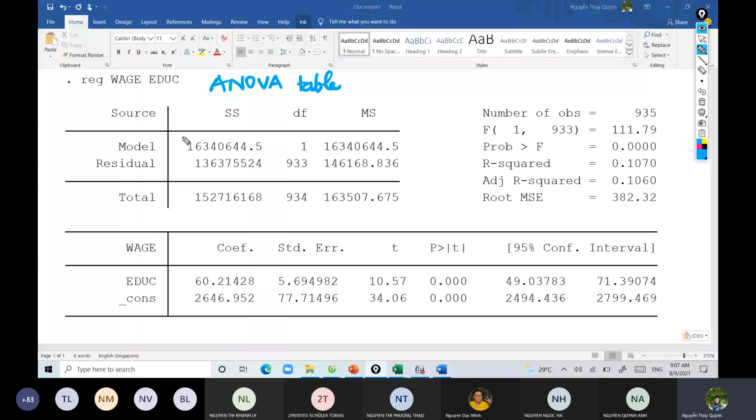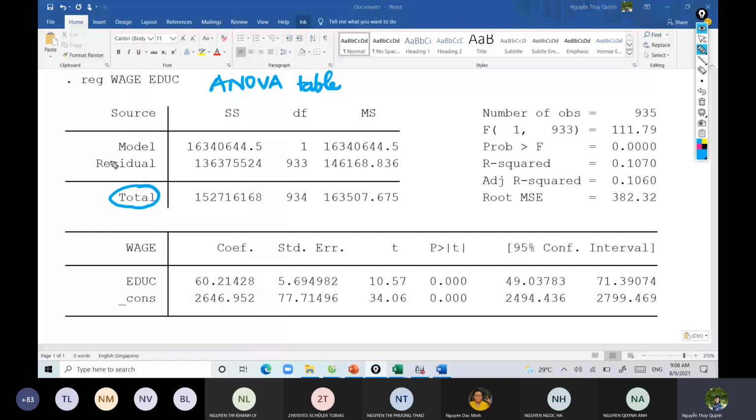These are the sources of variation in the value of the dependent variable. This row is for the total variation, and we have two sources of variation. One is from the factors inside the model, that is the independent variables, and the second is the variation due to residuals, due to other factors.